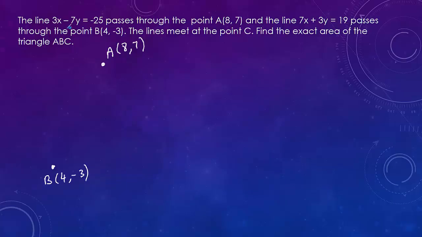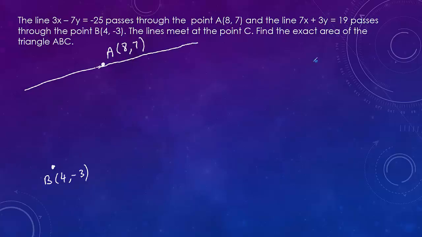Now, the gradient of this one, if we just rearrange a little bit, so put the 7y on the other side and divide by 7, the gradient of that one would be 3 sevenths. So that's actually going to go upwards. It's not going to go down there. It's going to go upwards a little bit like this.